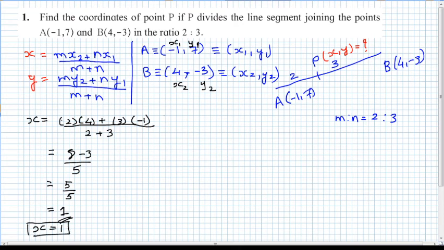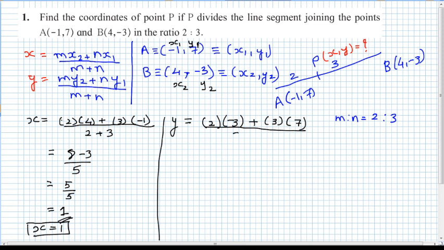Now let's go for the next one. We want y. How do you find out y? M is 2, my2. y2 is how much? Just check from here, -3, plus n is 3, and y1 is 7, upon m plus n. Again same, m plus n will not change.